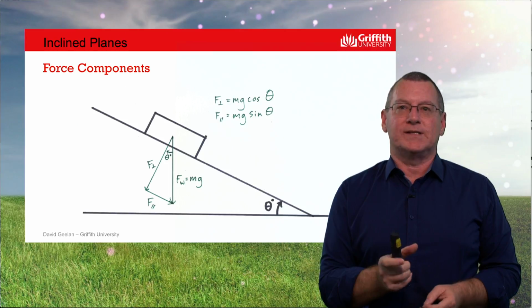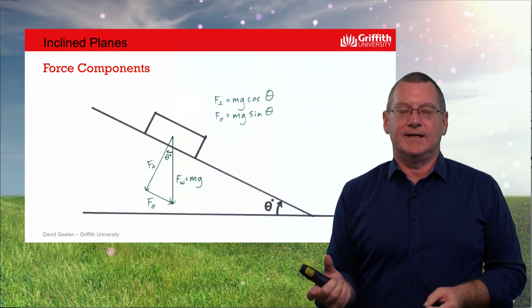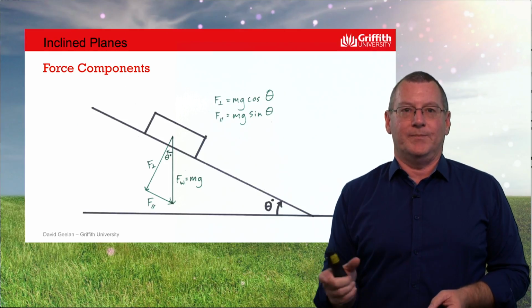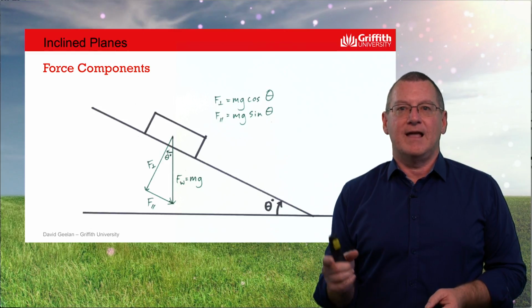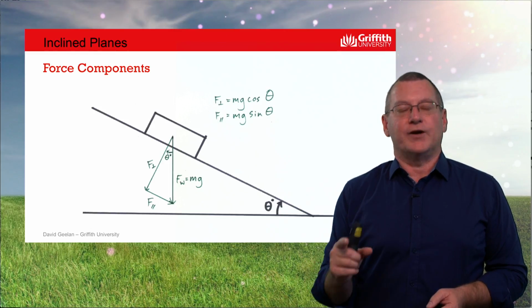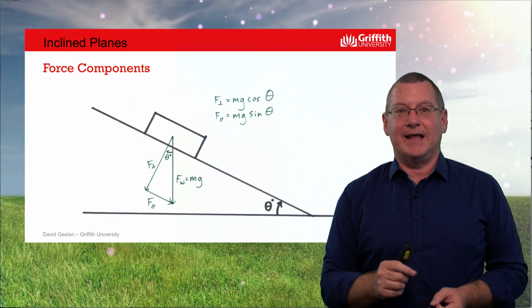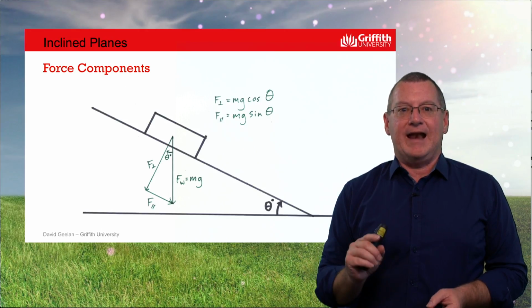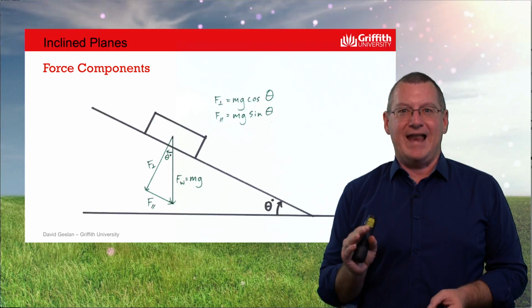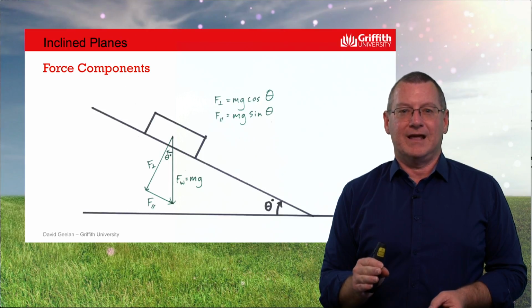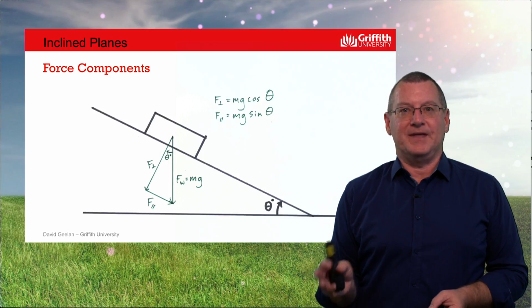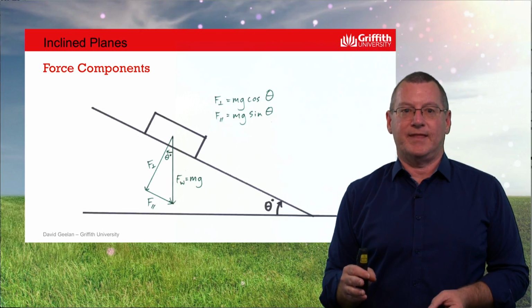So it's just that weight force times cos of theta or sine of theta, and that will give you those two components. So you can figure out what the forces are at right angles, perpendicular to the plane and parallel to the plane. I'm going to leave it there for the explanation talk and do lots of examples in the example video that give you a sense of some of the things we do with inclined planes.